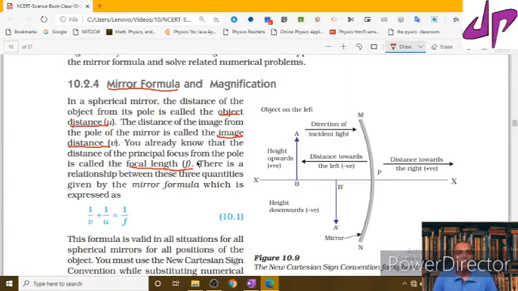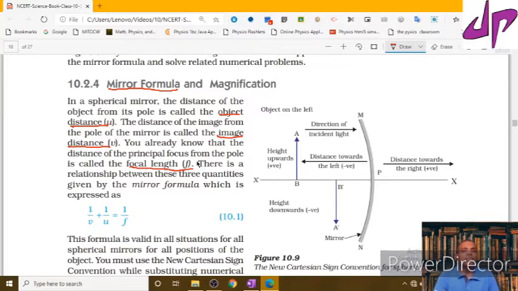We don't have a derivation for this, but if you study class 12th physics, in that course you will learn how to derive this formula. So we are not going to derive this formula right now, we will take it as granted.